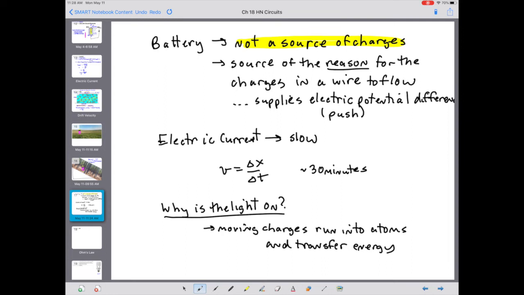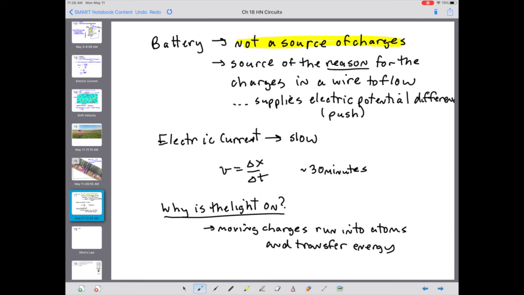And sometimes that energy transferred is expressed as heat energy, causing a wire to warm up. Sometimes that energy that is transferred is expressed as light energy in a light bulb. The light bulb gives off light. In a radio, that energy is transferred and sound is given off. And so it really depends on what the situation is as to what that energy becomes.